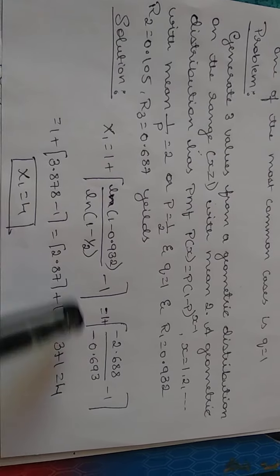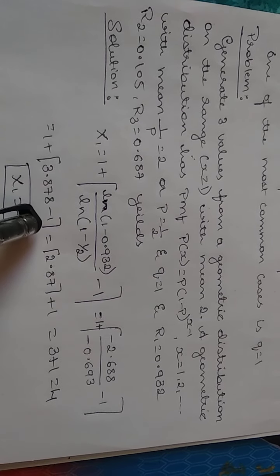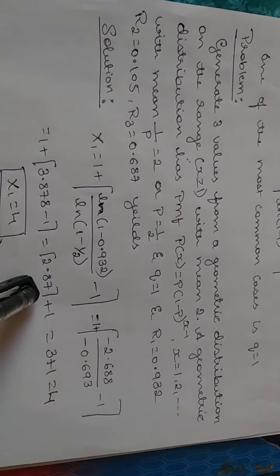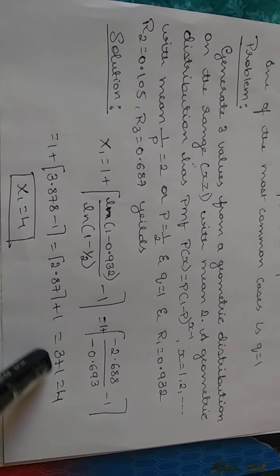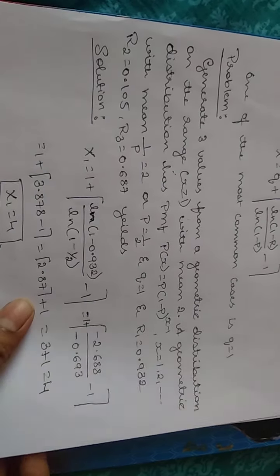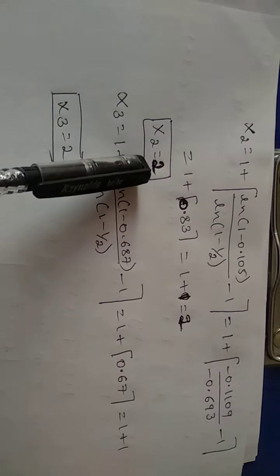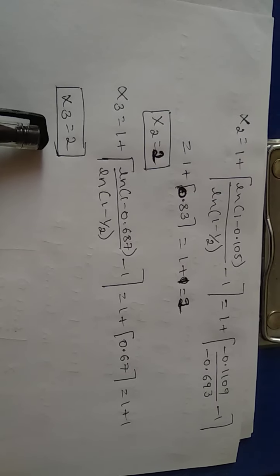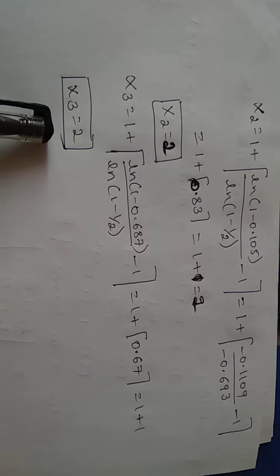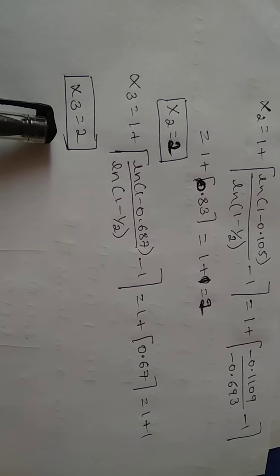So I'll get x1 is equal to 4. That is 1 plus 3.87, then 2.87 plus 1; 2.87 you have to convert with the ceiling function, that is 3, and 3 plus 1 is 4. So x1 is equal to 4. In the same way you calculate x2. You will get x2 as 2, then x3 again as 2. So 4, 2, 2 are the geometric variates we have calculated from 3 random numbers.